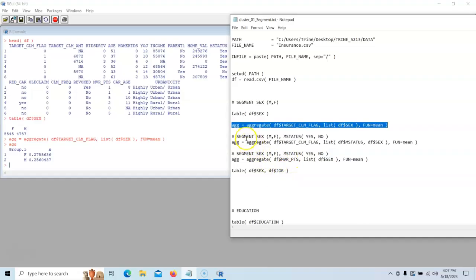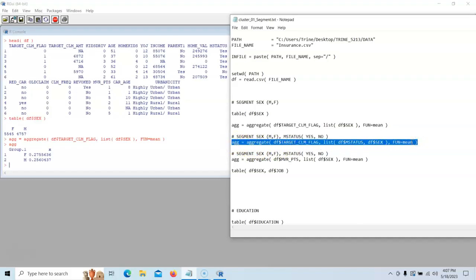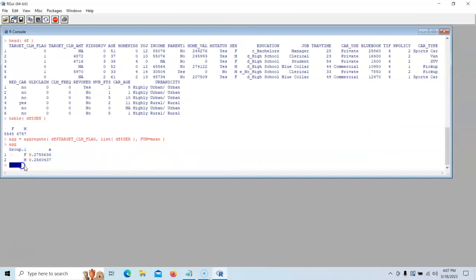Why don't we instead segment based upon your sex and your marital status? So let's do that. So now we're going to say the claimed flag, and let's say marital status and sex. So let's break that down and see, maybe we can segment based upon your sex and your marital status. Will that tell us anything?